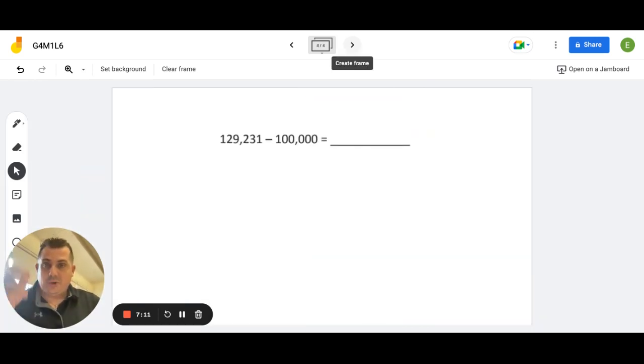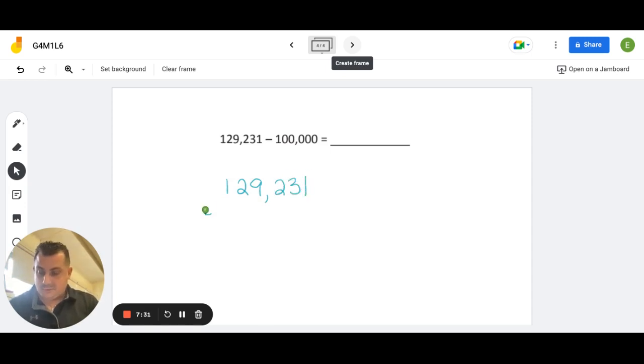Now, going to show you, well, this kind of goes with the way I just showed you before, the standard algorithm way. So with the standard algorithm way, I'm going to write down 129,231. All right.